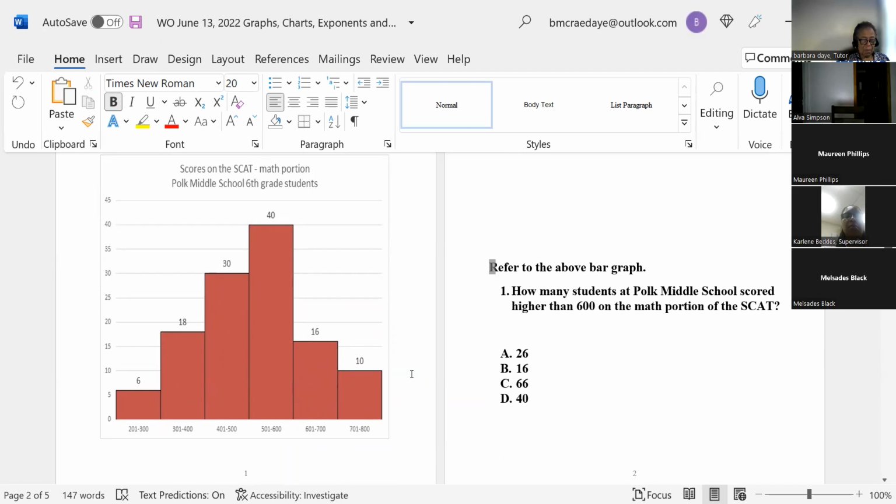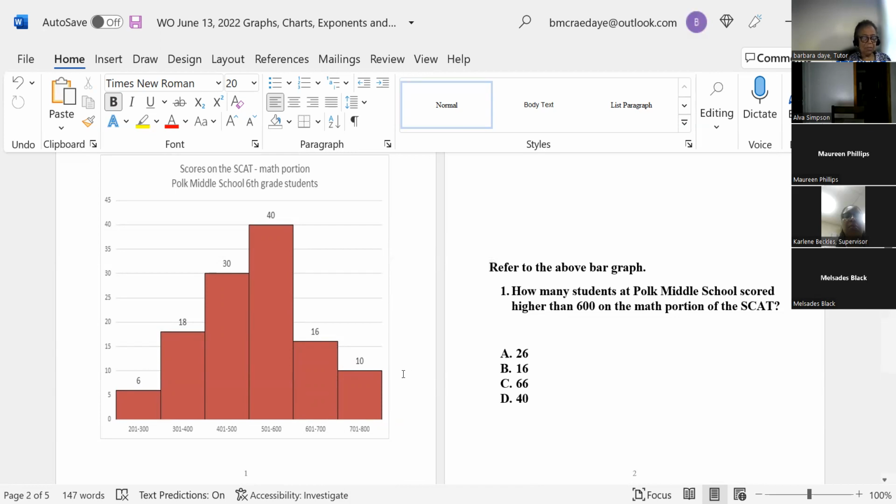No, start at the beginning. What is the subject of this bar graph? The subject of the bar graph says scores on the SCAT math portion for Polk Middle School 6th grade students.